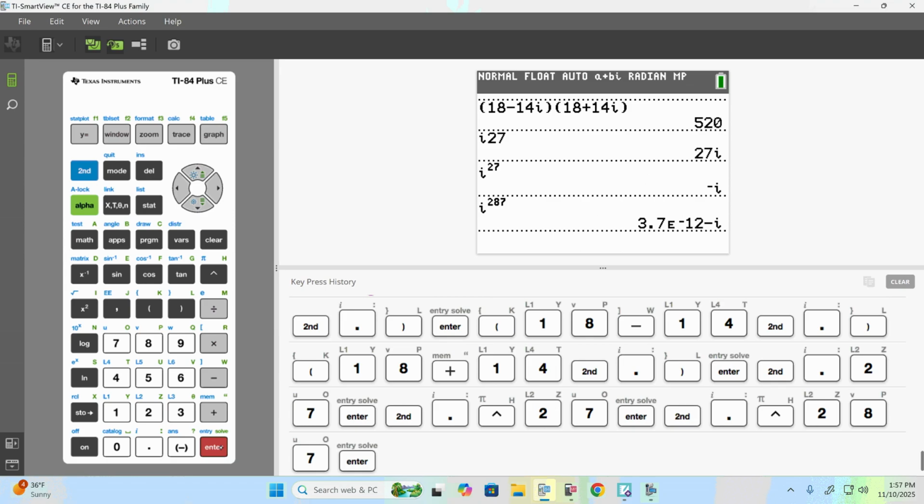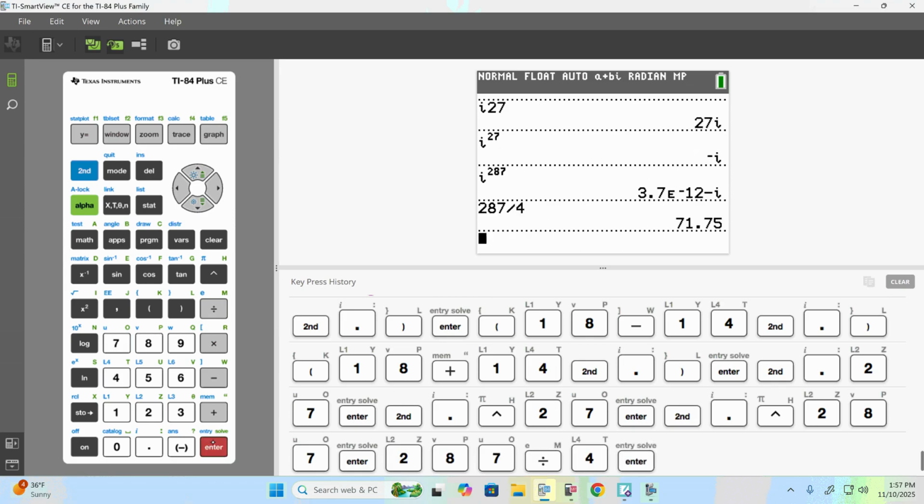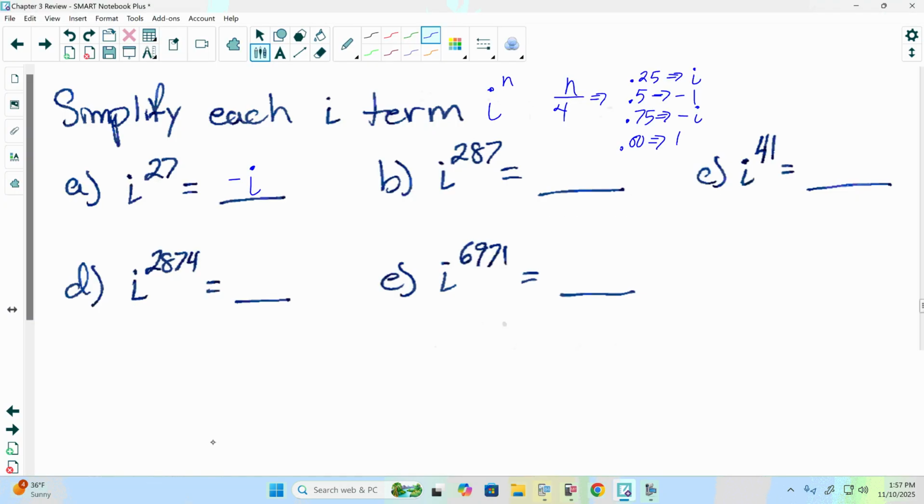Well, 287 divided by 4 is 71.75. So B would be negative i.